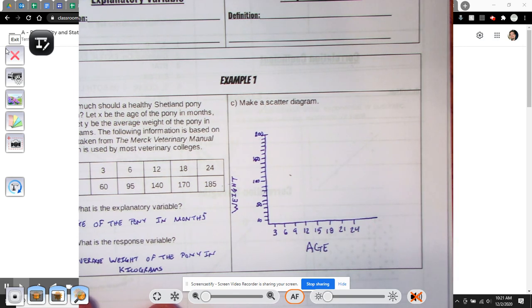And I'll just intersperse numbers so that I know I'm counting by tens.